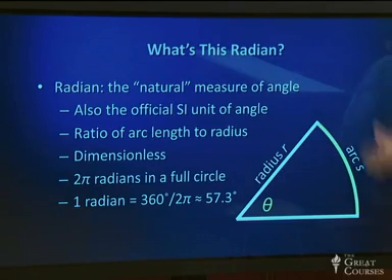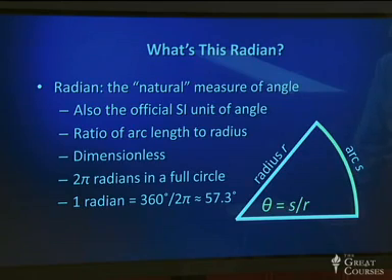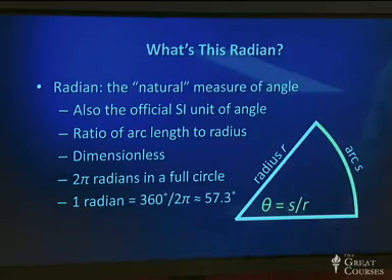Radius r, the arc has some length s, and by definition, the measure of that angle in radians is the ratio of arc s to radius r. And it turns out that an angle a little less than 60 degrees, 57.3 degrees approximately, gives me an angle of 1 radian. There are 2 pi of them in a full circle. That's what a radian is.